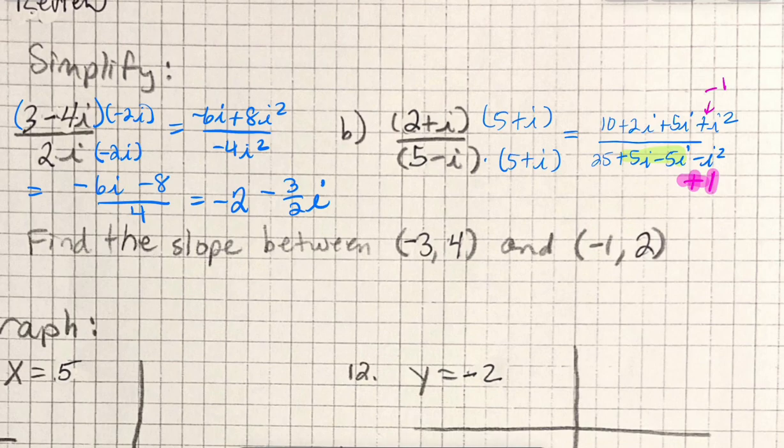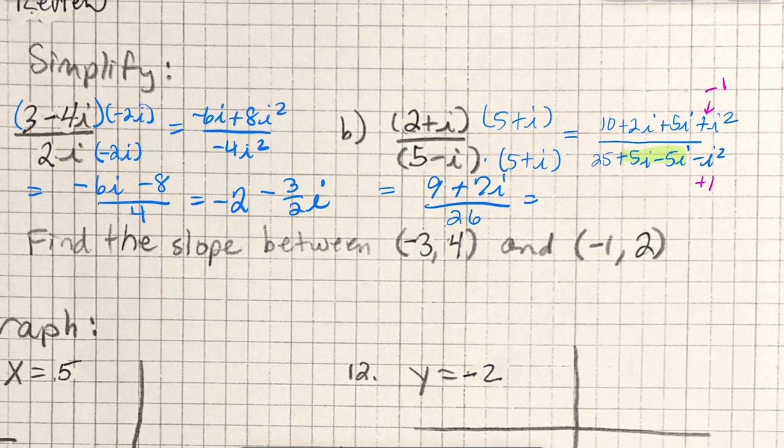So if we keep that in mind, then you can just combine like terms. On top, we are going to get 10 minus 1 is 9. 2 i's and 5 i's is a total of 7 i's. And then 25 plus 1 is 26.